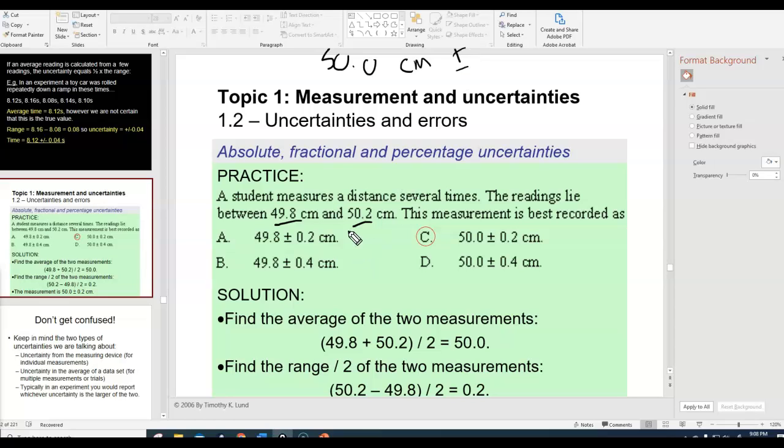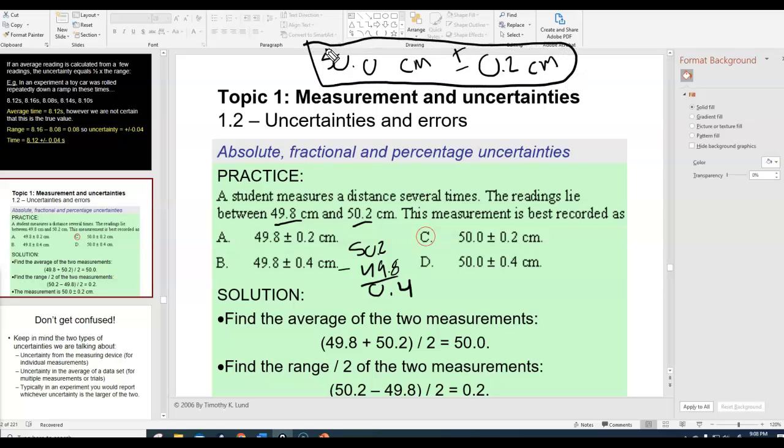Plus or minus, the uncertainty is going to be half of the range. So 50.2 minus 49.8 is 0.4. And then if you take half of that, you get plus or minus 0.2 centimeters.